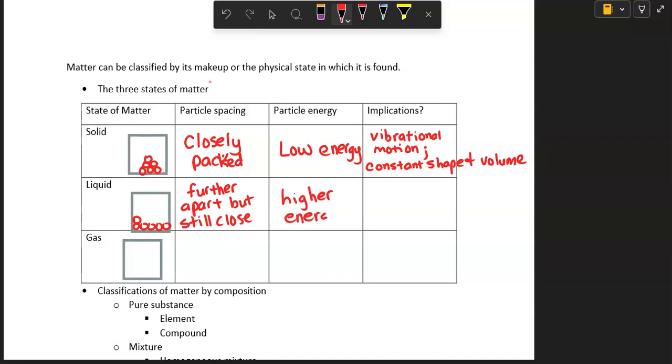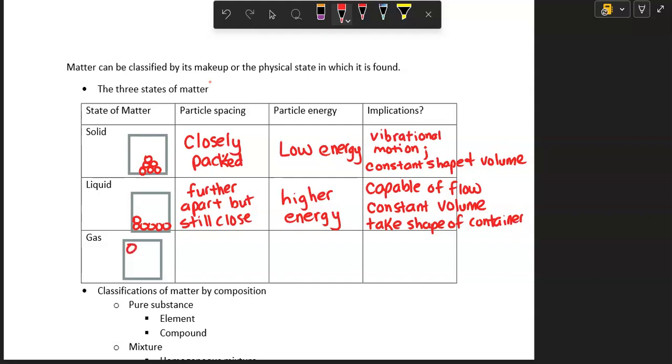And the implications of this are that liquids are capable of flow. The molecules can kind of slide past each other. And liquids have constant volume, but take the shape of their container. So they don't have constant shape anymore. So this liquid's in the bottom of a square container, so it takes on kind of a square shape. If I moved it to a circular container, it would take on the circular shape.